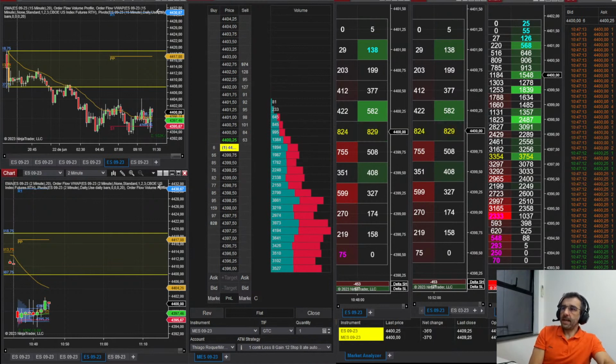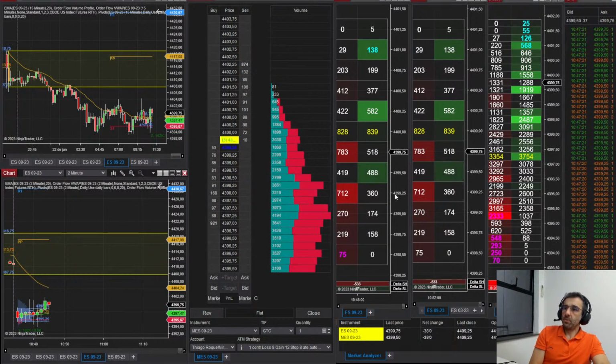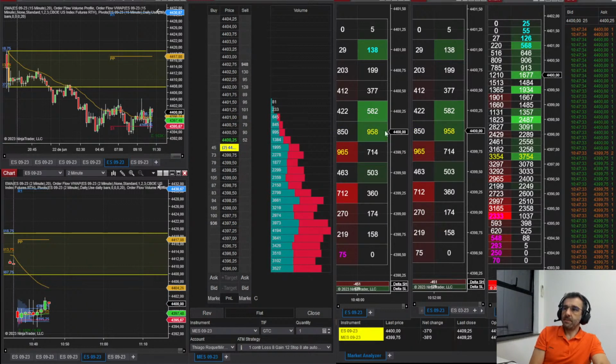But now we're seeing that the liquidity buyers were able to keep prices here around the 9. Okay, we're seeing that sellers are trying to defend, but buyers absorbing here. But at the same time, sellers absorbing buyers' aggressions here.